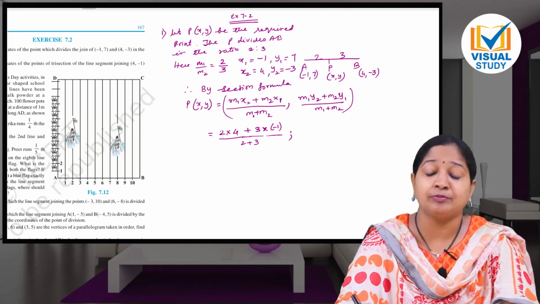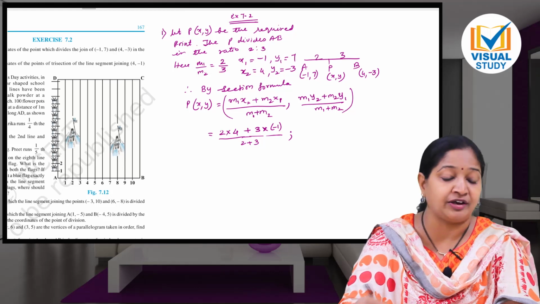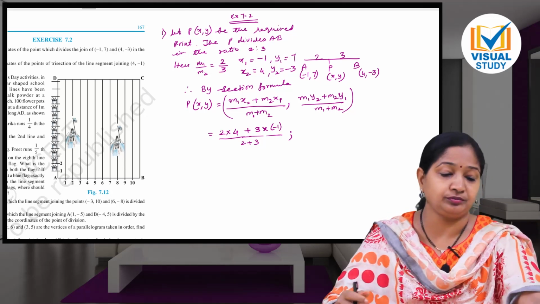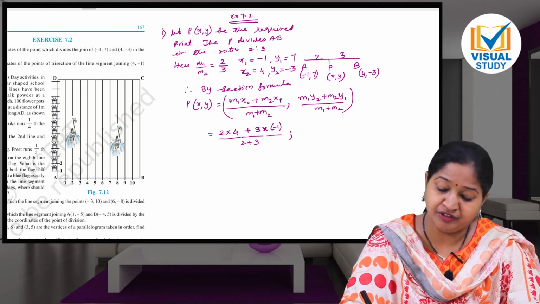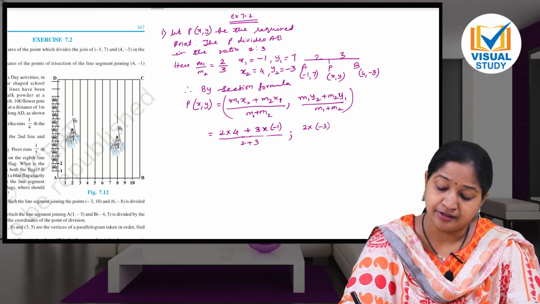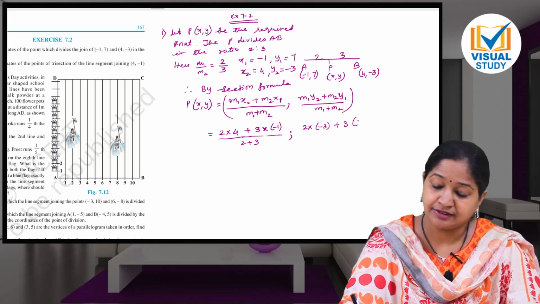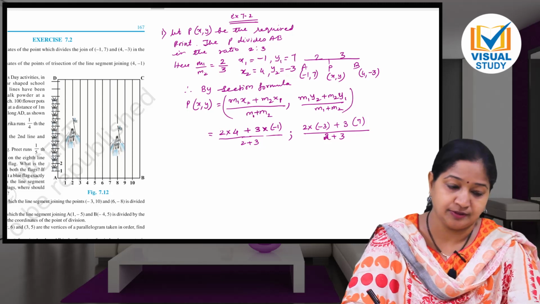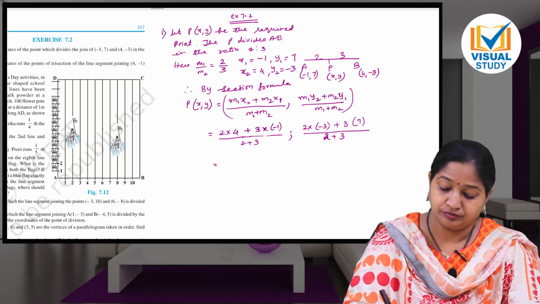Similarly, we will use M1 and Y2 also. M1 is 2 into Y2 is -3 plus M2 is 3 into Y1 is 7, upon 2 plus 3.